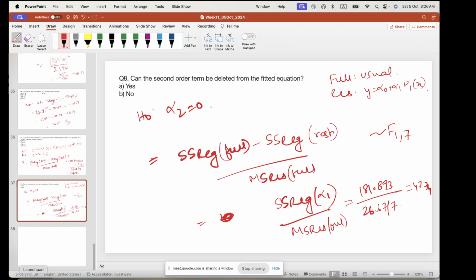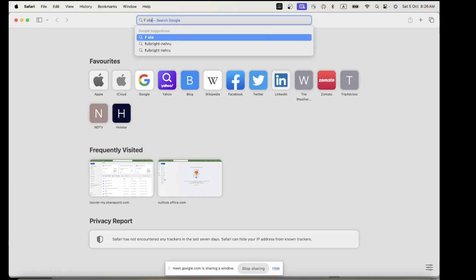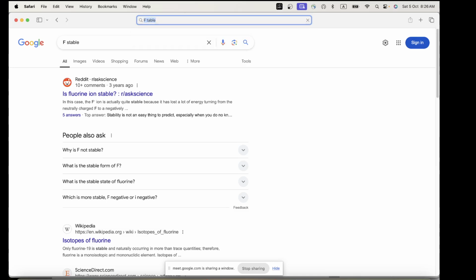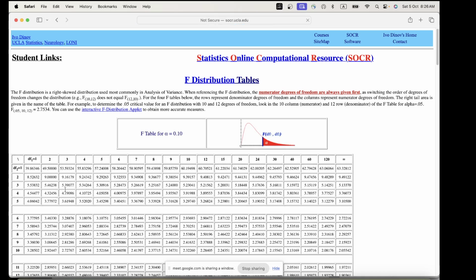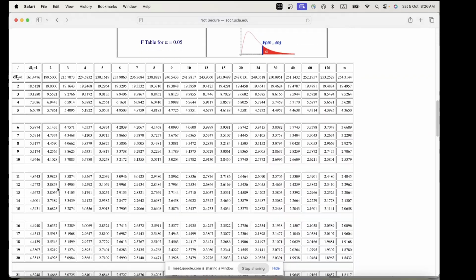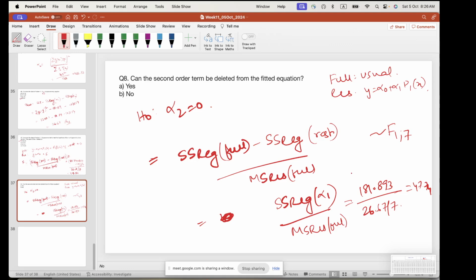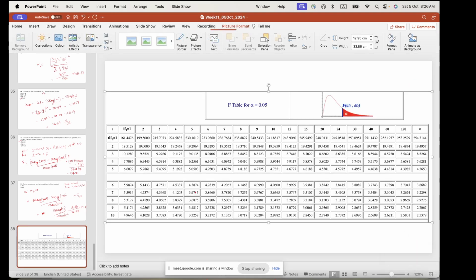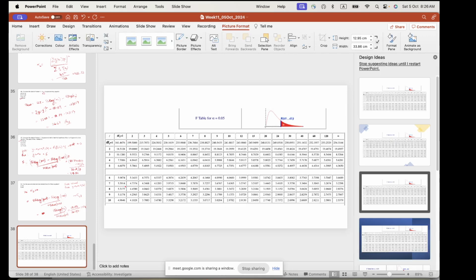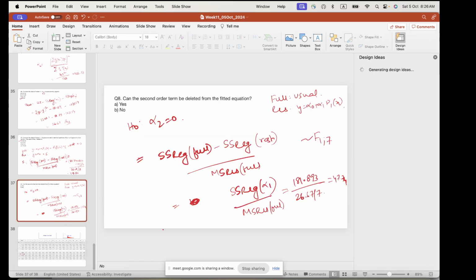All right, and if we look into the F table, here F 1, 7 at 0.05 is 5.59.